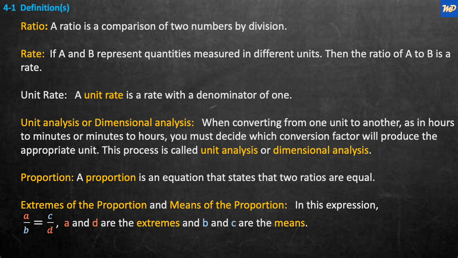So that's the extremes of the proportion. The means of the proportion are B and C. So A and D are outer and B and C are inner. Look at that relationship: the numerator of the first and the denominator of the second are the outer, and the denominator of the first and the numerator of the second are the inner. Okay?